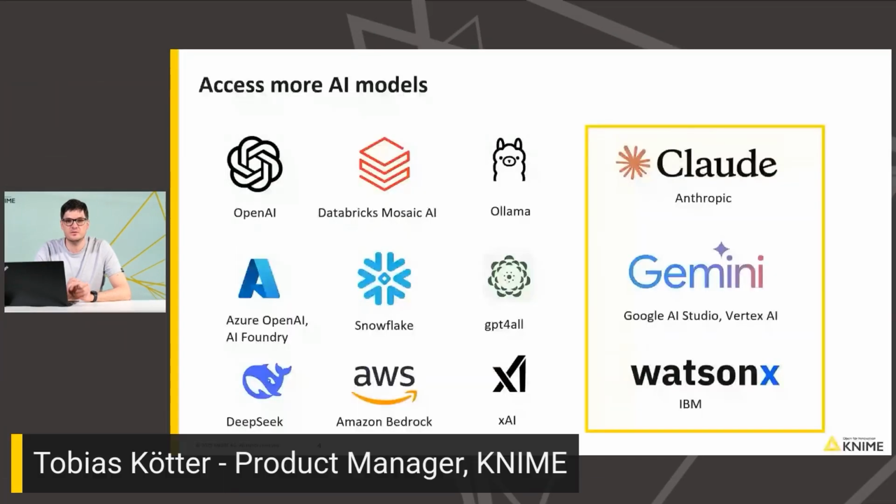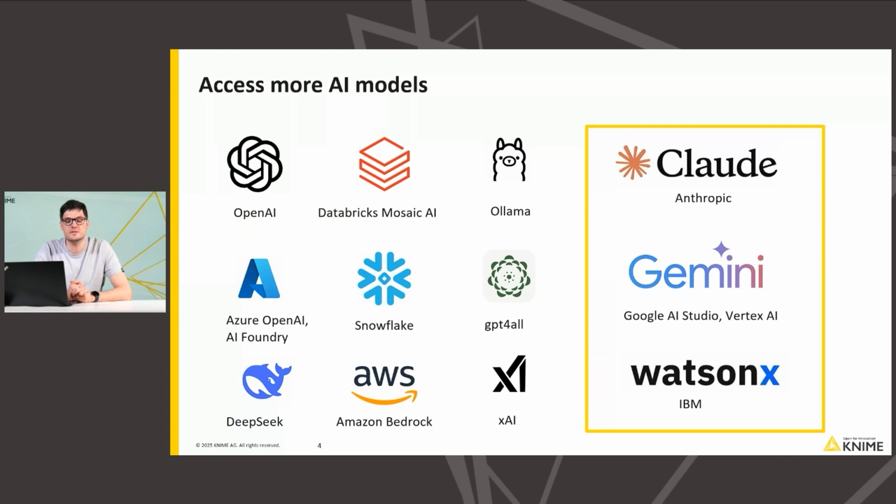Thank you, Adrian, and welcome, everybody. Out of all the nice, cool things that we integrated into the KNIME Analytics Platform, I have selected 2 highlights. The first highlight is that we have added more LLM models. On the left-hand side, you see all of the models that we have already integrated with, like OpenAI, Amazon Bedrock, all of the standard ones.